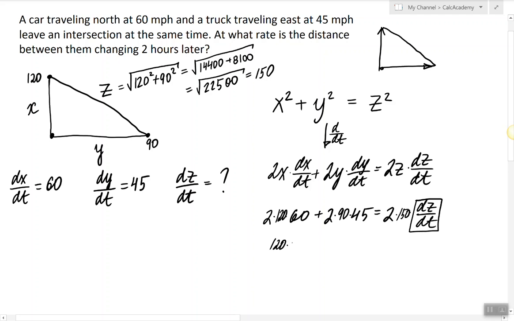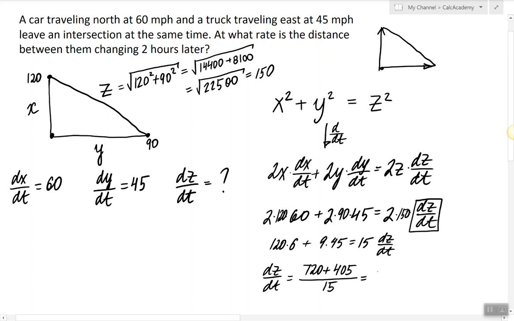So we get 120 times 60 plus 90 times 45 equals 150 dz/dt, which simplifies to 120 times 6 plus 9 times 45 equals 15 dz/dt. So dz/dt is 120 times 6, which is 720, plus 9 times 45, which is 405, and we're dividing all that by 15.